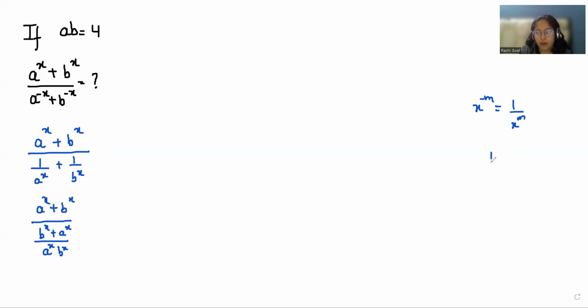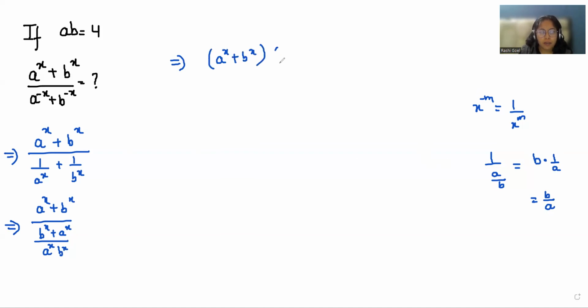Now, according to the formula, 1 by a by b, we can write it as b times 1 by a, or b by a. So we can write this as a^x plus b^x times a^x b^x by b^x plus a^x.